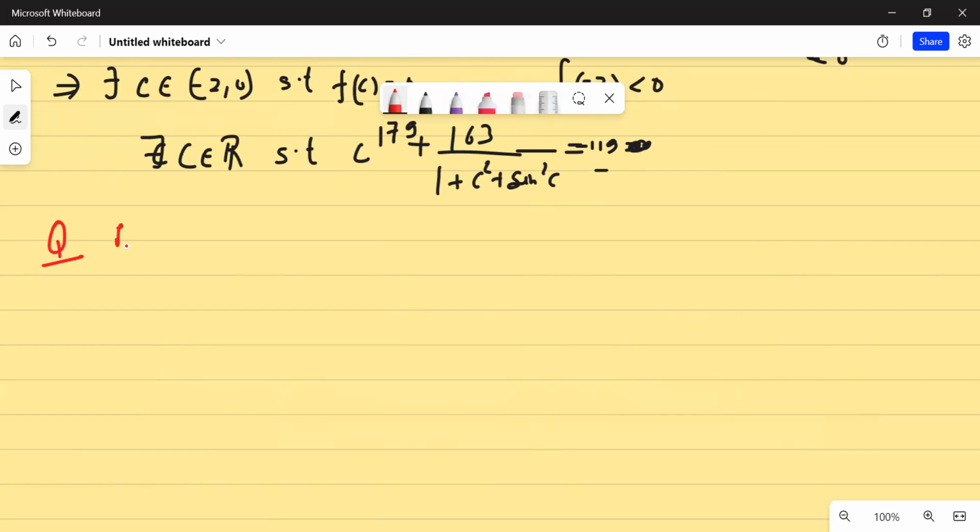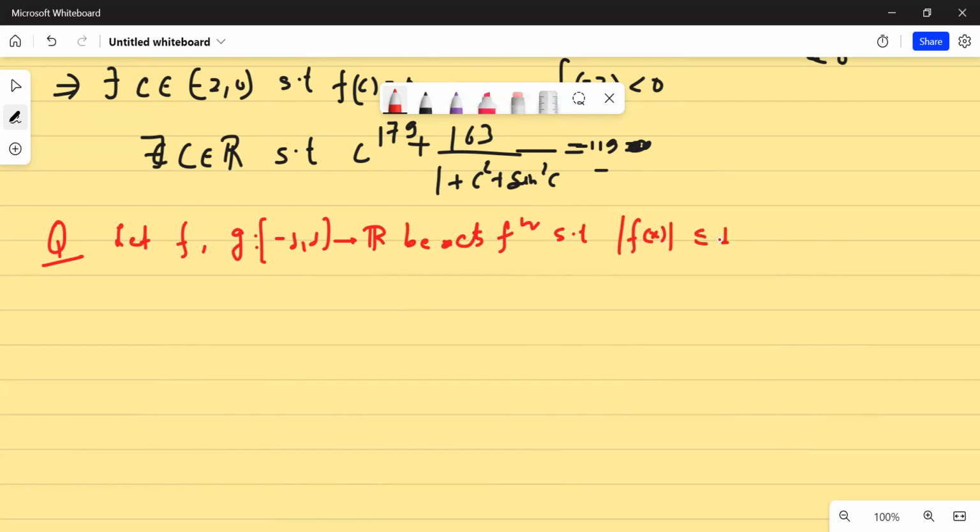Let f and g from minus 1 comma 1 to R be continuous functions such that mod of f of x is always less than or equal to 1 for all x belongs to minus 1 comma 1.